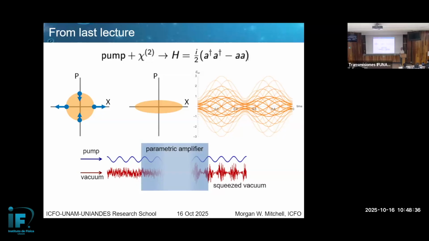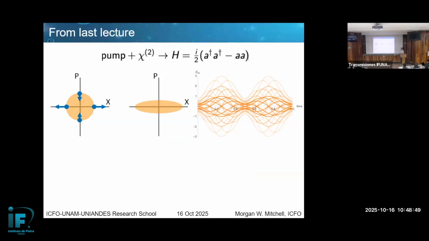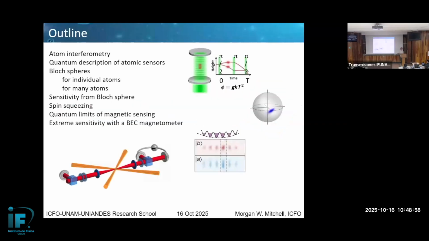I would now like to talk about how you do that with atoms. And I need to tell you what the phase space is, and what the squeezing operators are and things like that. So again, phase-space methods, uncertainty relations, operator evolution, and dynamical squeezing.